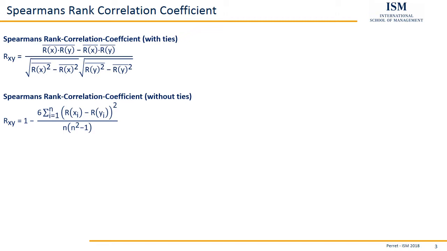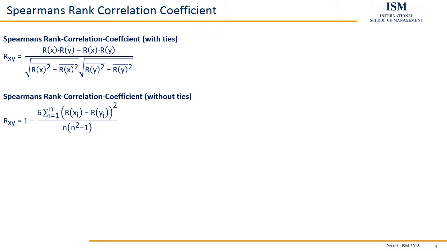Well, we only need the differences between the rank of x and the corresponding rank of y, and we square this, sum this up, and the rest is just times 6 divided by n times, in parentheses, n squared minus 1. So this will save quite a lot of work, because if you work with a table, you only have to calculate one line as compared to 3 or 4 in the upper version. So this will be way easier if you do not have any ties.